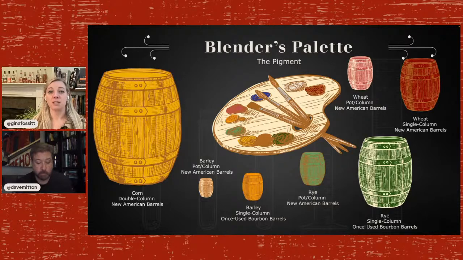So for instance, this double column distilled corn whiskey that is aged in brand new American barrels. So we have very light style, and then we're going to have a lot of wood influence coming into that whiskey. That's going to make up the majority of this blend, you can see there.